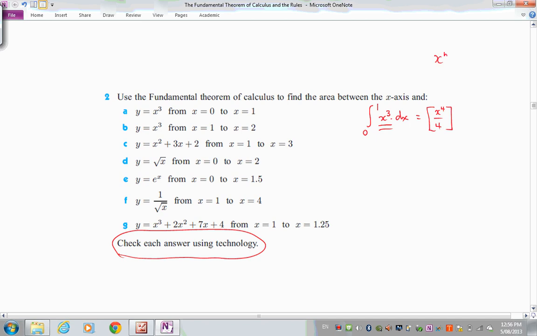In integrating, you increase the power by 1 and divide by the new power. We might also check e to the x down here. The integral of e to the x is itself, isn't it? Because its derivative is itself. And then we evaluate this from 0 to 1, and so on.